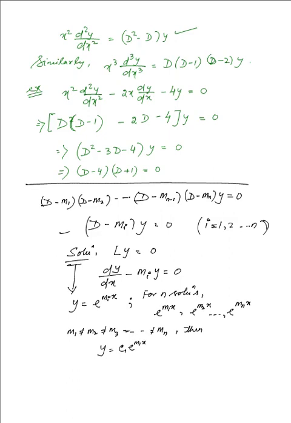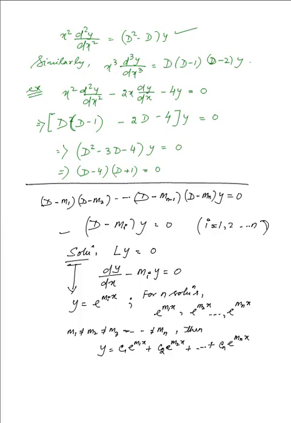Remember, c1 and c2, and likewise there will be the arbitrary constants which will be multiplied, the constant coefficients, and it continues up to cn added to the rest of the terms, e to the power mnx.